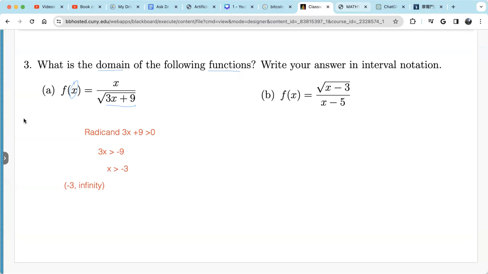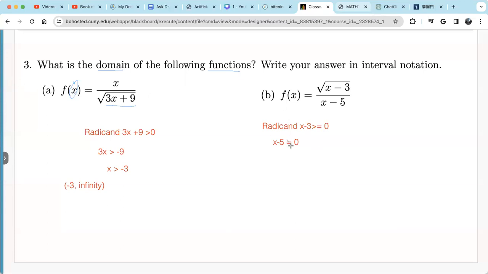Let's see B. For B, first we have to consider the numerator, because the radicand x minus 3 has to be greater than or equal to 0. It's okay to be 0 in the numerator. But then the second thing we have to consider: x minus 5 cannot be 0. If x minus 5 equals 0, that's not allowed in mathematics.